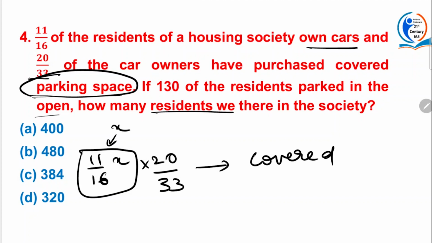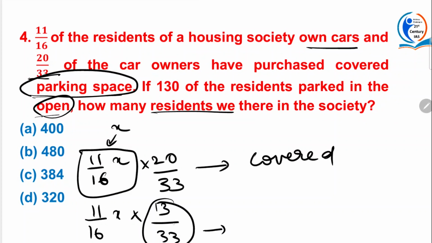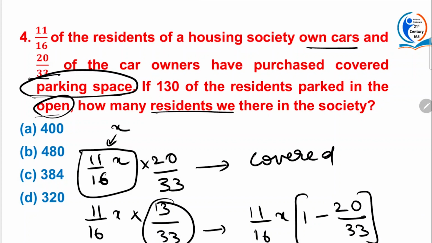Now, what is the fraction of residents in that particular housing society who park the cars in the open? It would be 11 by 16x into 1 minus 20 by 33. See, here 1 minus 20 by 33, why did I write?